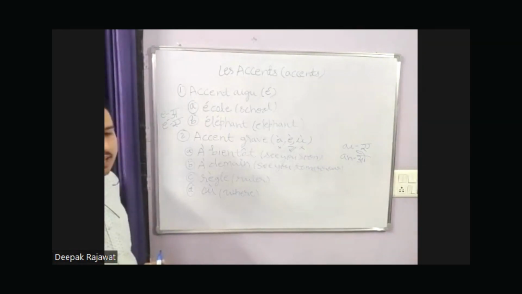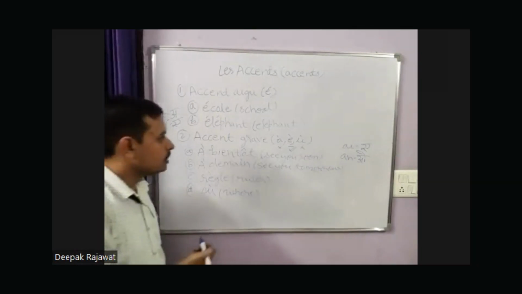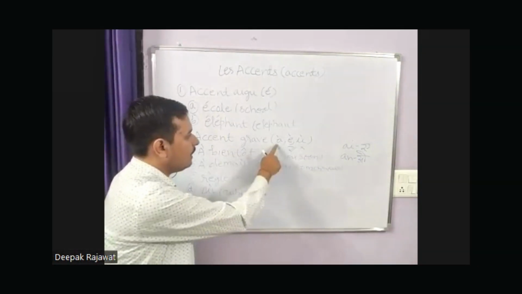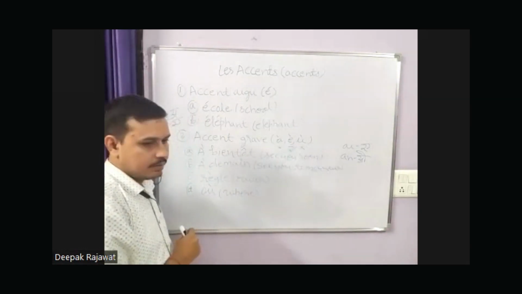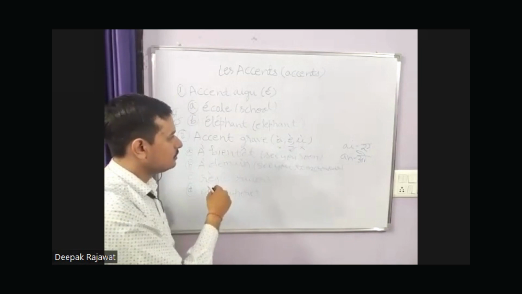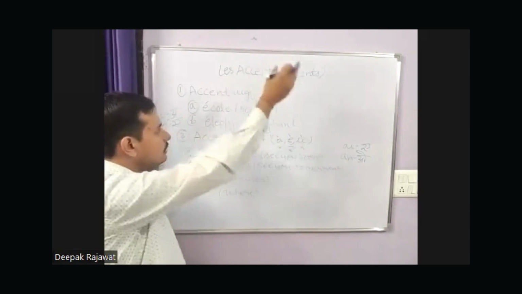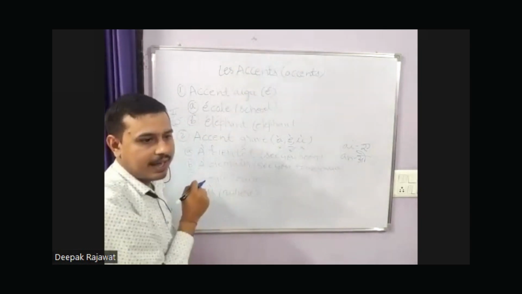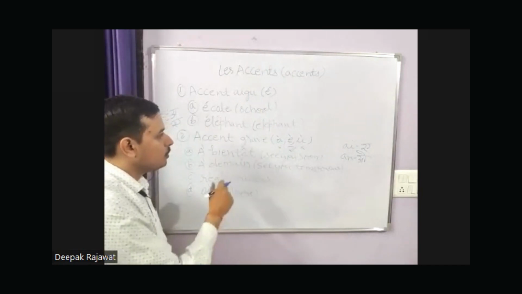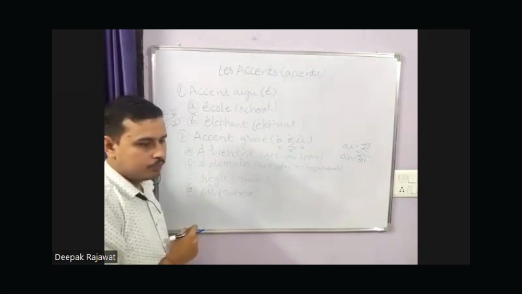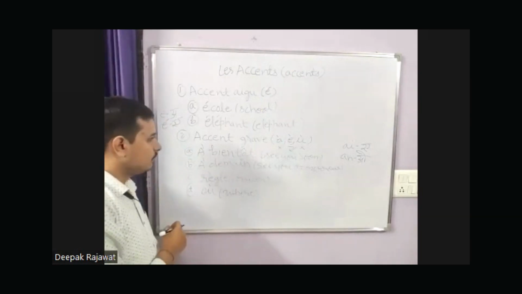Second accent we have accent grave. This we put on letters A, E, U. And there is a change in the accent. The first is inclined towards the right and this is inclined towards the left. So here are the examples.